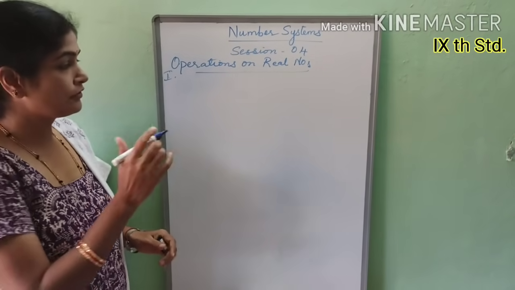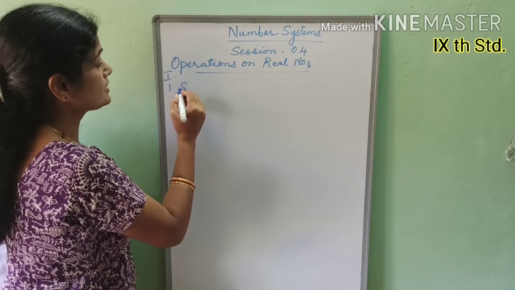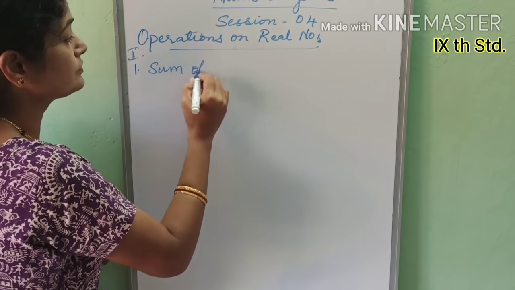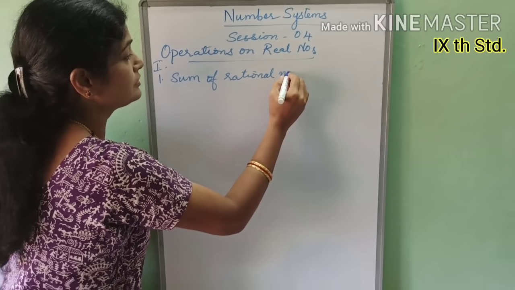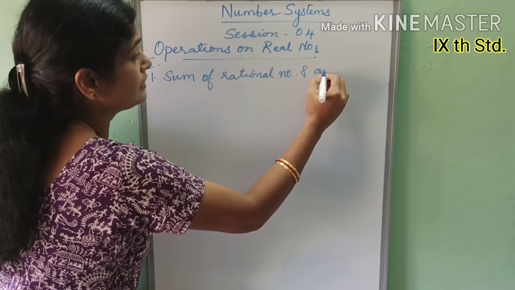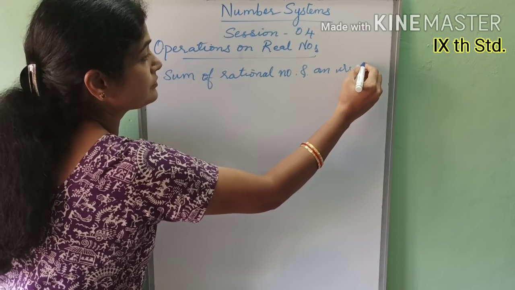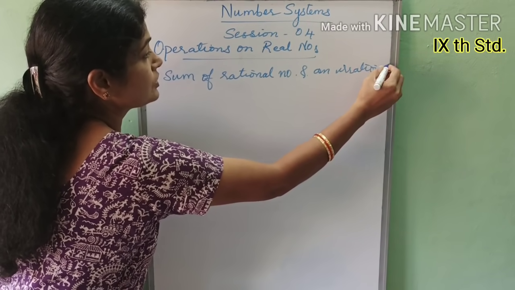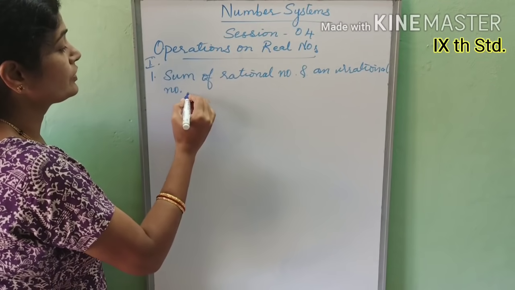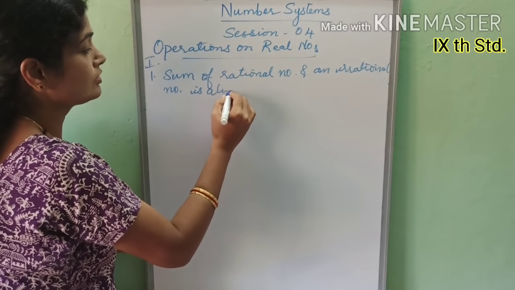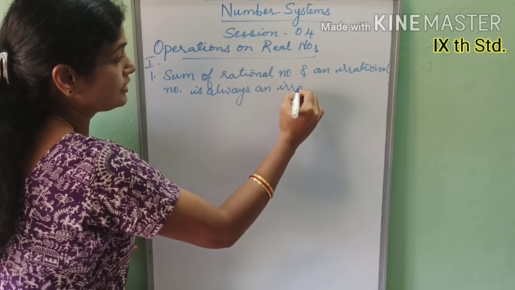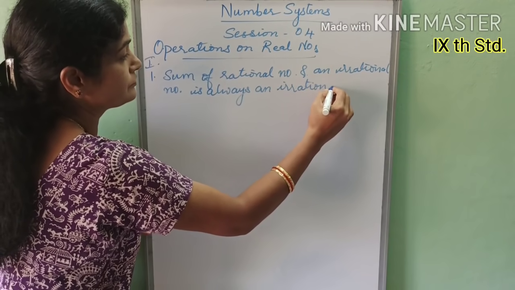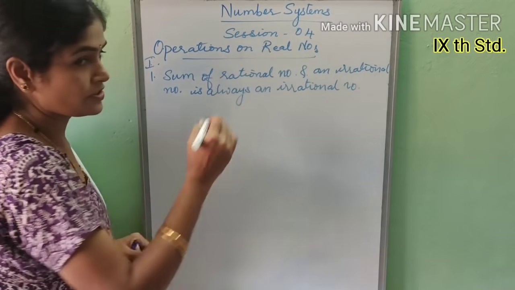The first property: the sum of a rational number and an irrational number is always an irrational number.